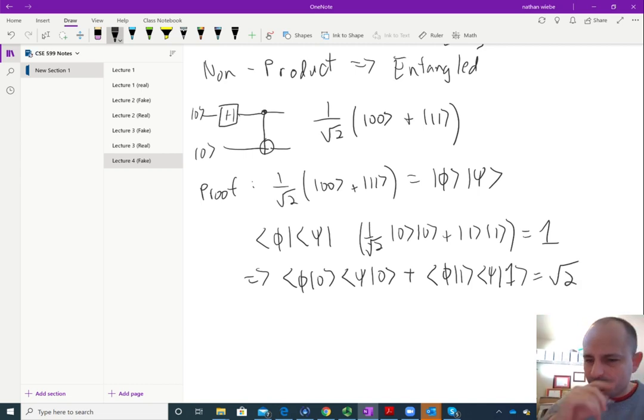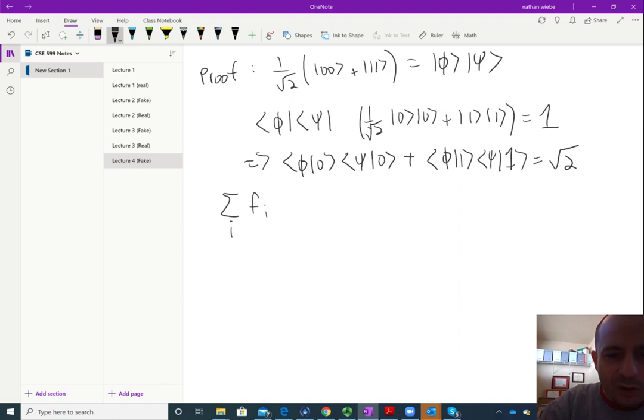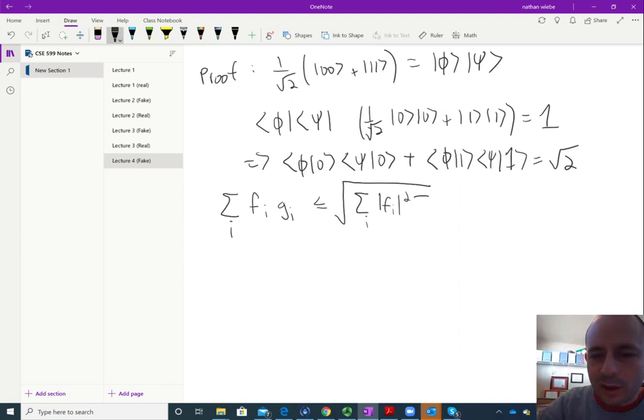All right, now there's this wonderful inequality. For those of you who haven't used it yet, if you're like me, this inequality can very well change your life. What this inequality says is that for two sequences, f_i and g_i, the sum of f_i g_i is less than or equal to the square root of the sum of absolute value of f_i squared times the sum of absolute value of g_i squared.